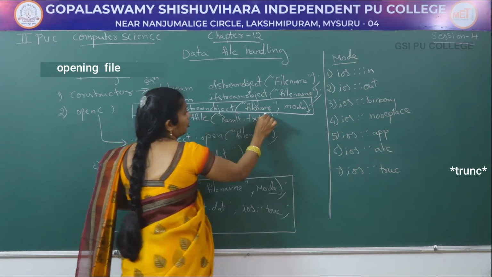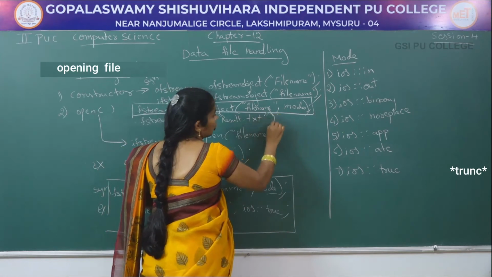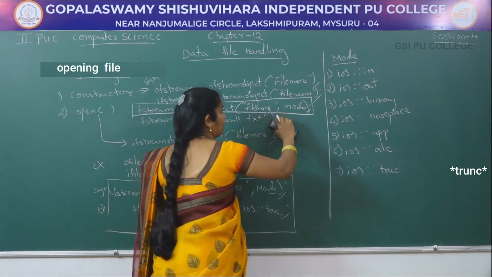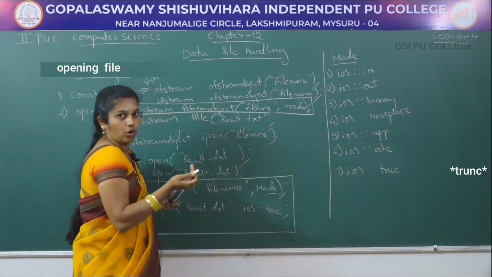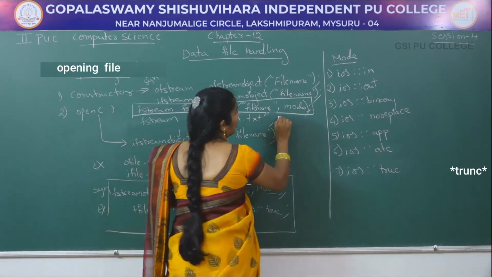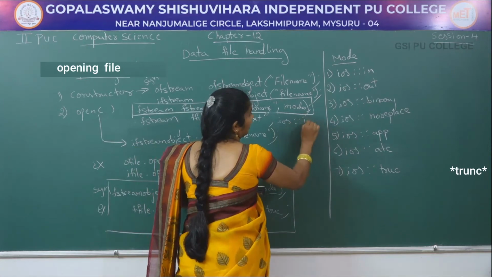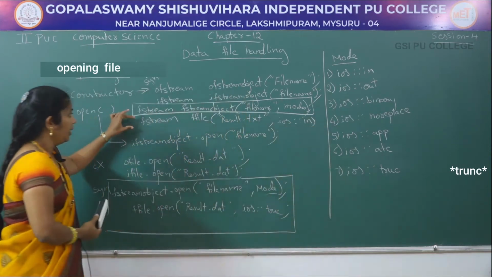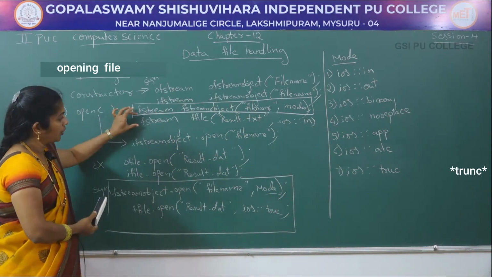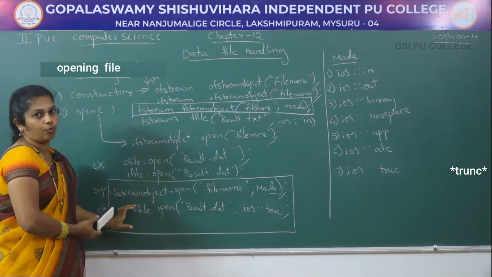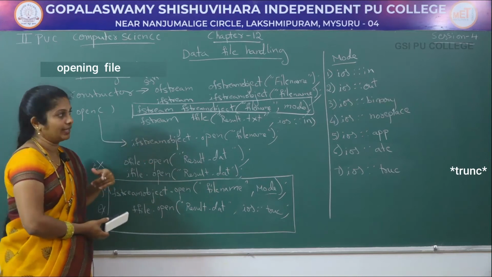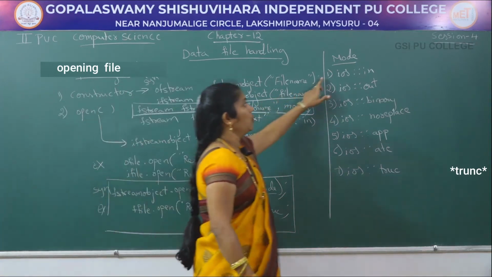Whatever extension you want, you can write inside double quotes. Then close here. Before closing the bracket, you have to put a comma. Then you have to write the mode, whichever mode you want. For example, ios scope resolution operator in. And when you write the example, if you want, you can use the constructor function as well as the open function method. Whichever you want, you can write. Once again, to recall, ios in.